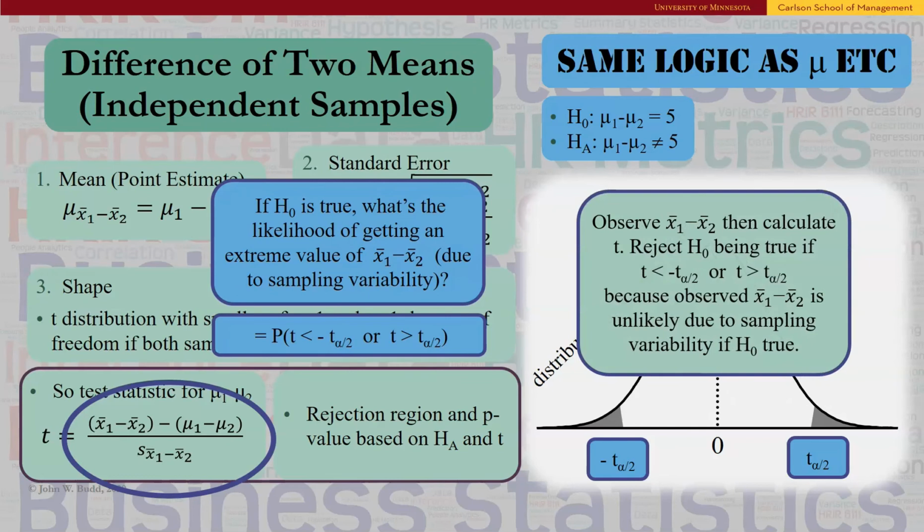Okay, so then we've defined our rejection region in terms of a small probability of getting extreme values of t.